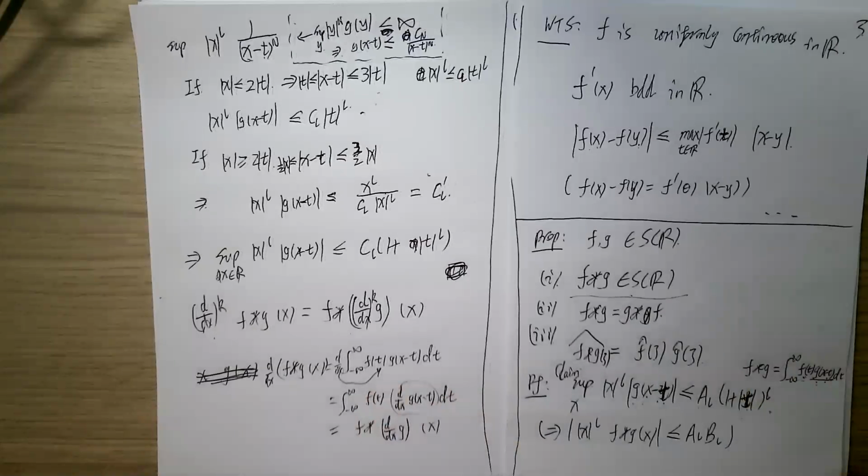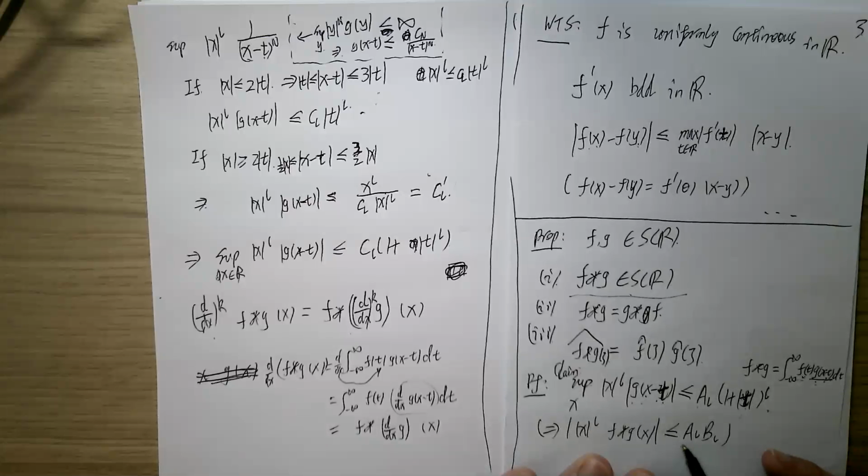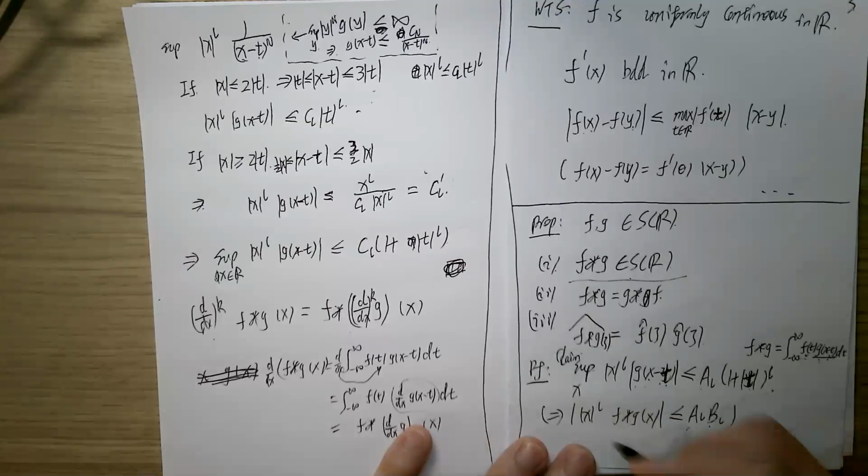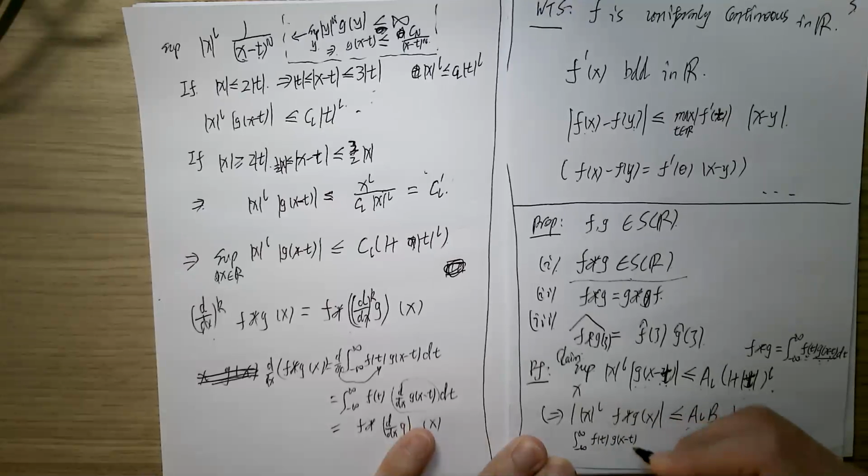Sorry to interrupt. Can I ask a question? Of course. Before, we claimed that the convolution is less or equal to AL BL, and I am wondering why we can get BL here. BL is simply because you can see that the integral from minus infinity to infinity of ft gx minus t dt, you multiply by x to the power L, right?